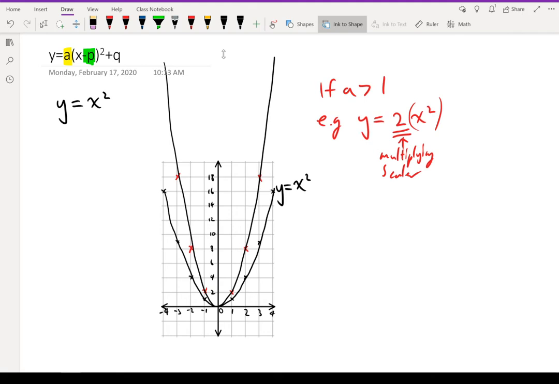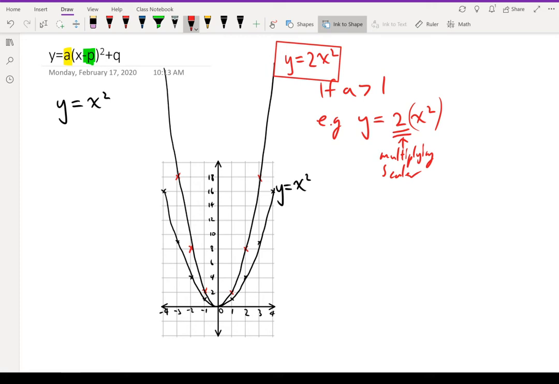If you look at my new graph, this is the stretch. Now it's y equals 2x squared. I have stretched it, I have expanded it.